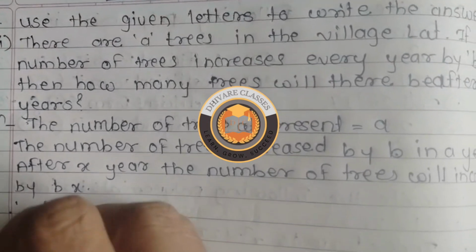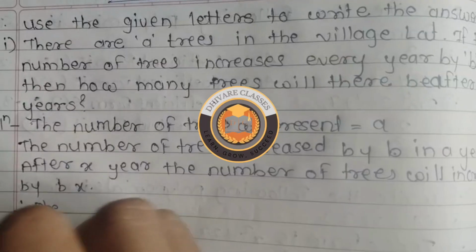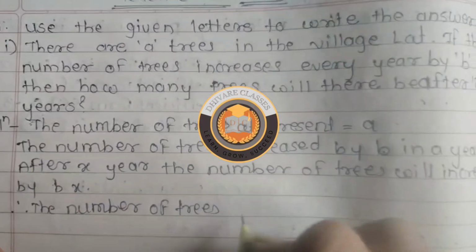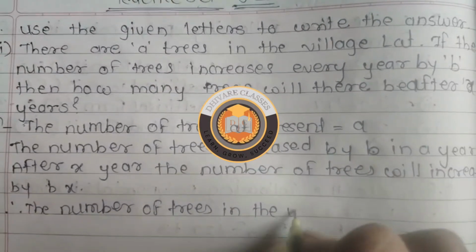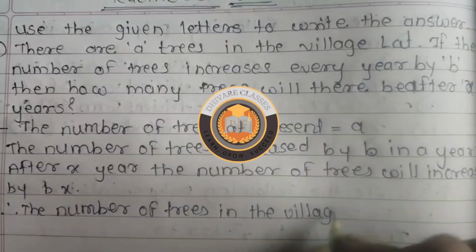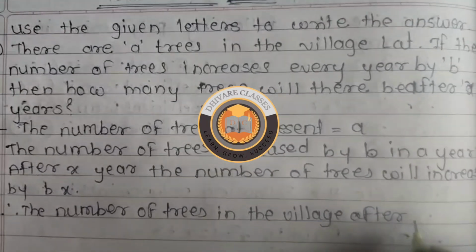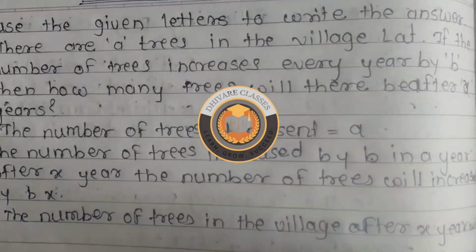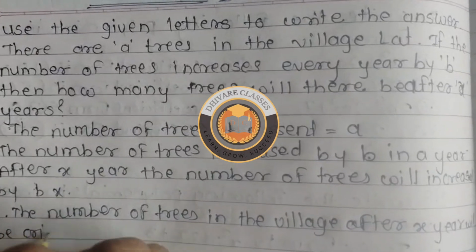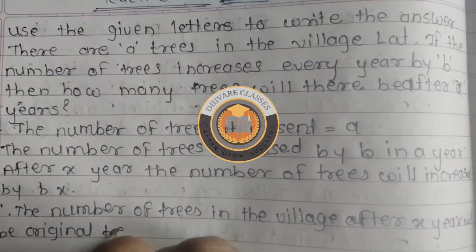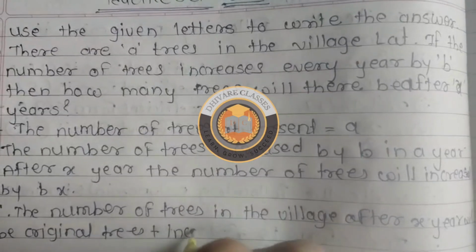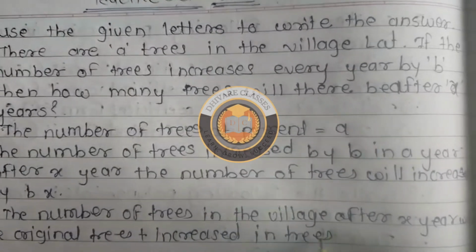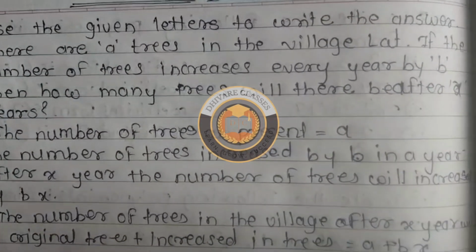Therefore the number of trees in the village after x years will be the original trees plus the increase in trees, equals a plus bx.